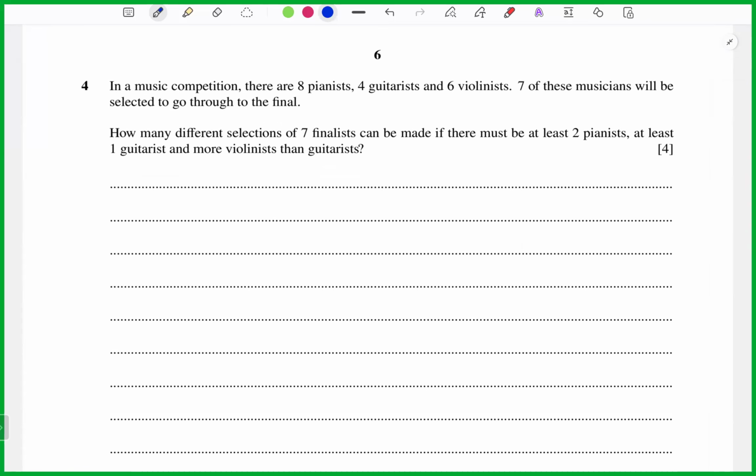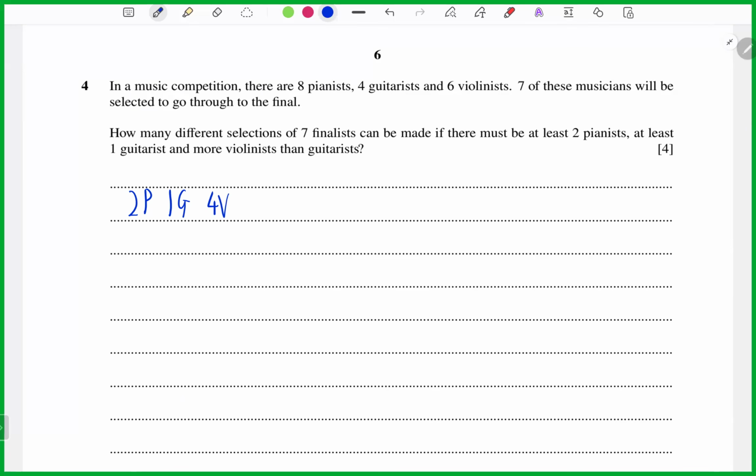Let's try. Okay, if here is 2 pianists, guitarists at least 1. Let's consider 1 guitarist, right? Total 7, so here you should take 4 violinists.